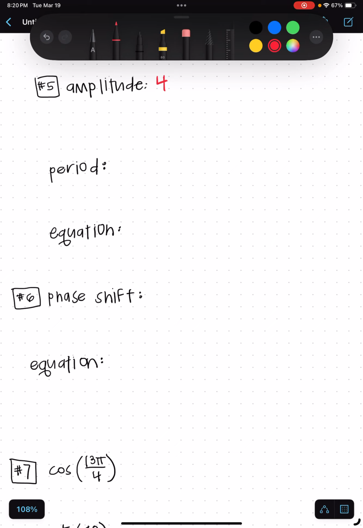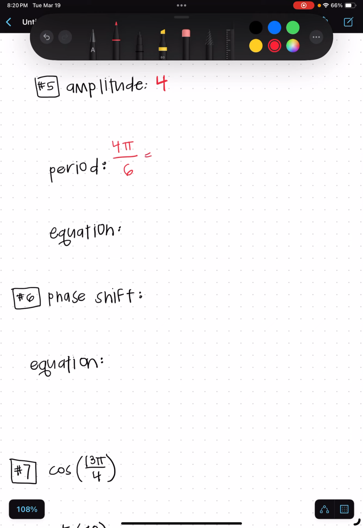And that back up to the midline would be at 1, 2, 3, 4 chunks in, or 4 chunks from 0. And if each chunk, or each tick mark, is a pi sixth, that means my period is 4 pi over 6, because I went 4 chunks in, and each chunk is pi sixths.